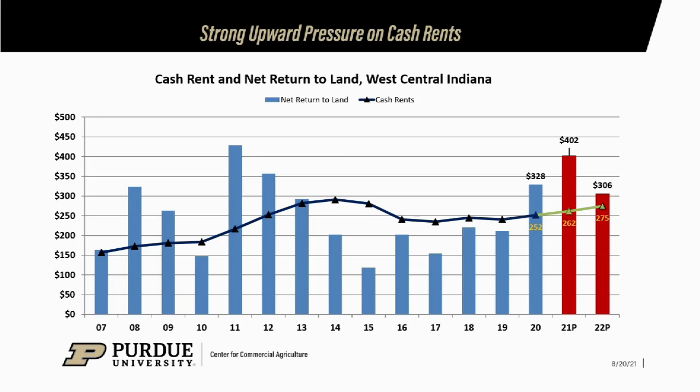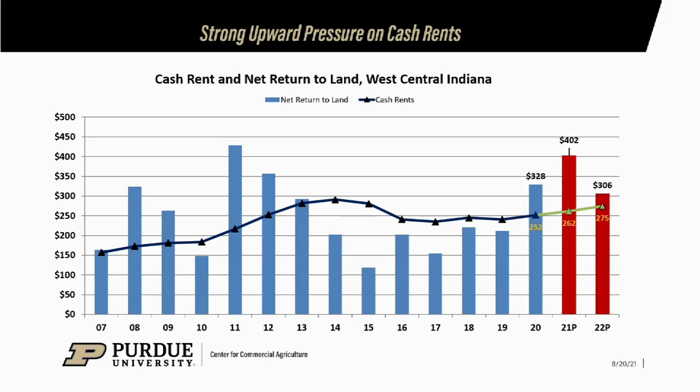And in 22, the net return to land is more similar to expected cash rent. But the important point is we had 2 years in a row, 20 and 21, where the net return to land was strong compared to cash rent. That creates upward pressure on cash rents. There's no ifs, ands, or buts about that.